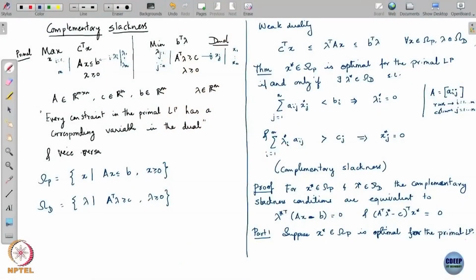It is not possible, because from the duality theorem of linear programming, we learned that if the primal has a solution, then so does the dual, right. So if you have a finite optimal solution for the primal, then you cannot have that the dual is infeasible. Which means that omega d is not empty.